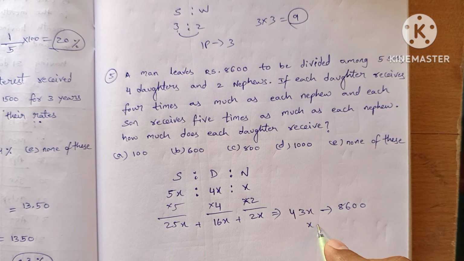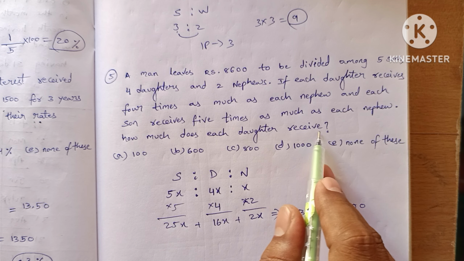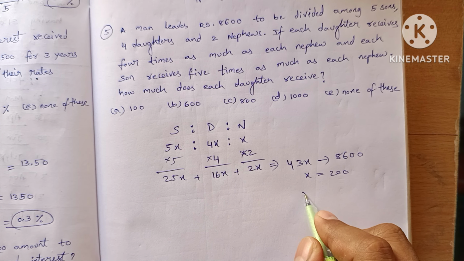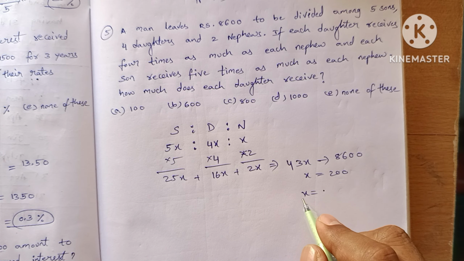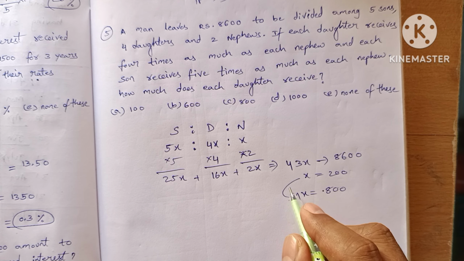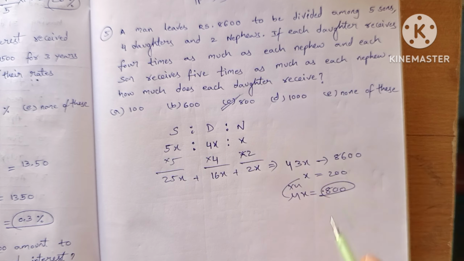So each x is 200. Now what is the question? How much does each daughter receive? Each daughter receives 4x, so each daughter receives 800. 4x equals 800. So our option C is right here.